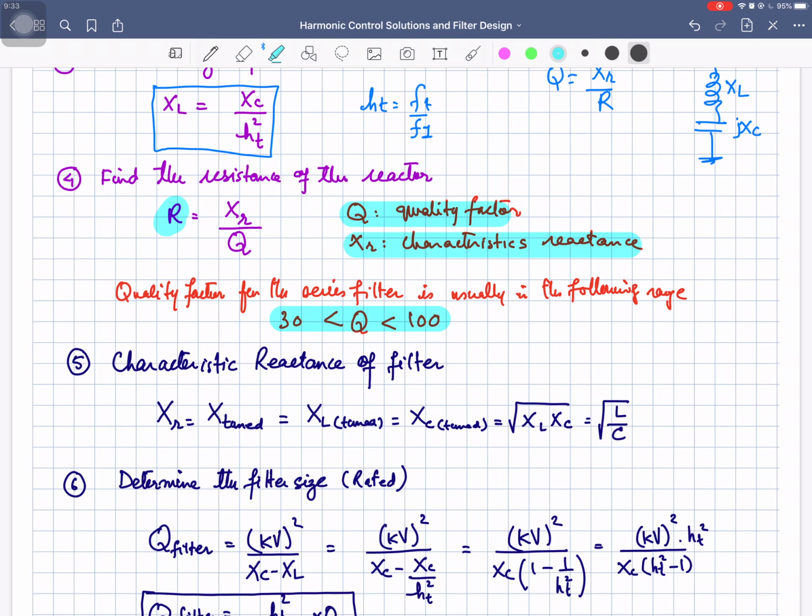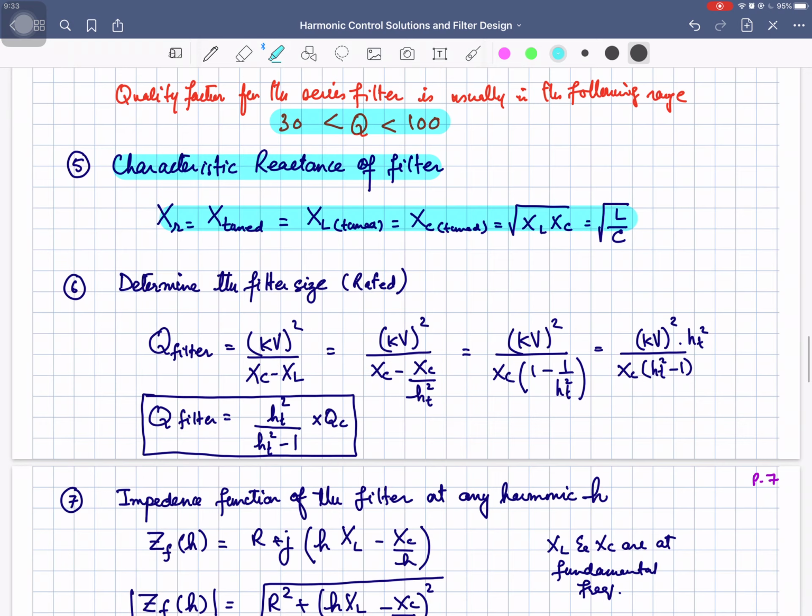After determining the resistance, we calculate the characteristic reactance of the filter, that can be calculated with the help of this expression, that is under root XL XC, that is equal to under root L by C, where XL and XC are at the fundamental frequency.